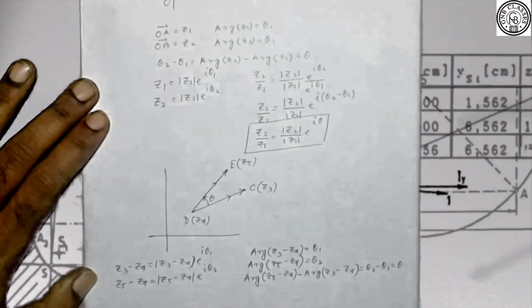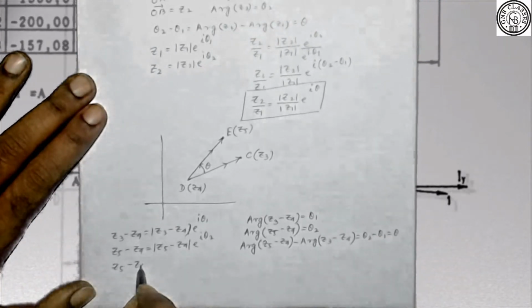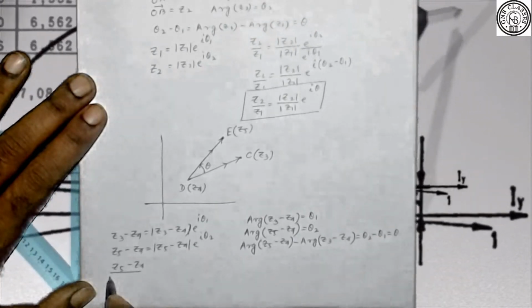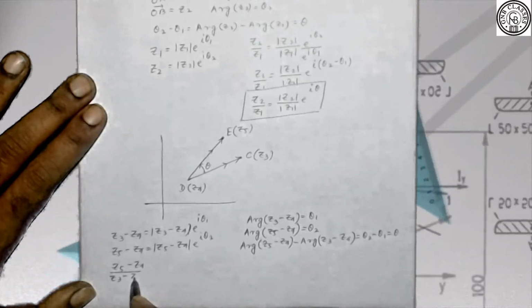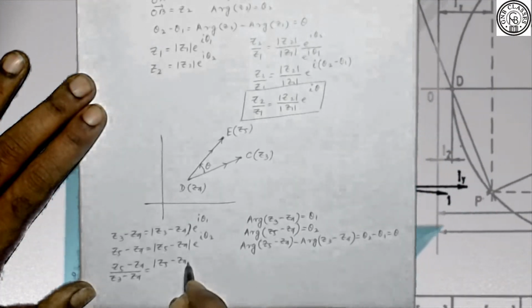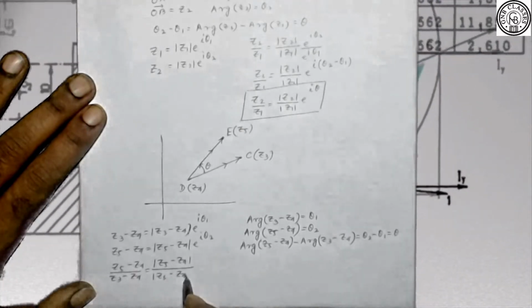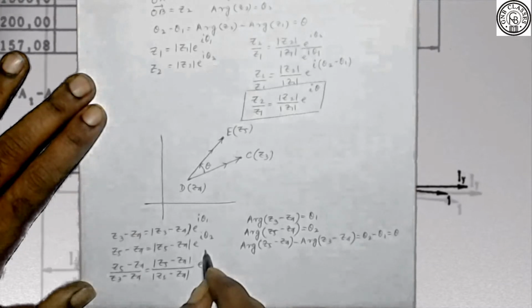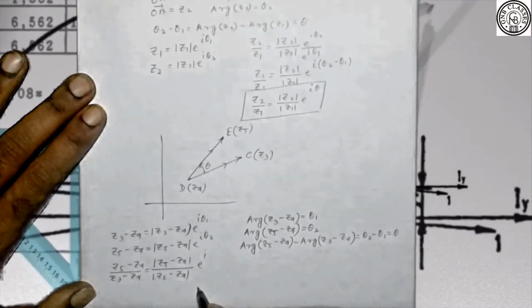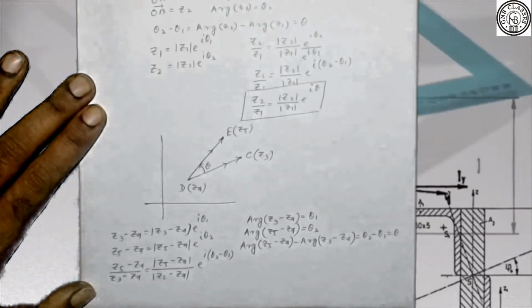Is it clear? Now if we divide these two, we will have (Z5 minus Z4) by (Z3 minus Z4), that gives us modulus of Z5 minus Z4 divided by modulus of Z3 minus Z4 into e to the power iota (θ2 minus θ1). Is it clear?